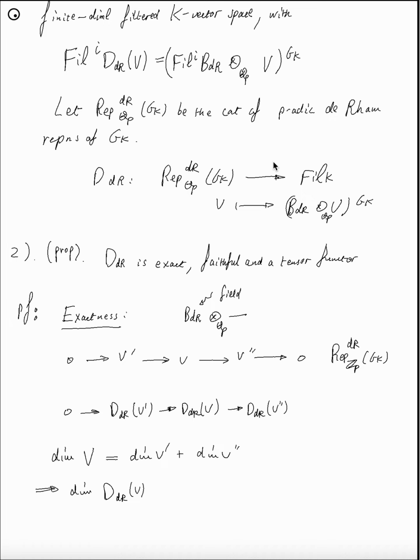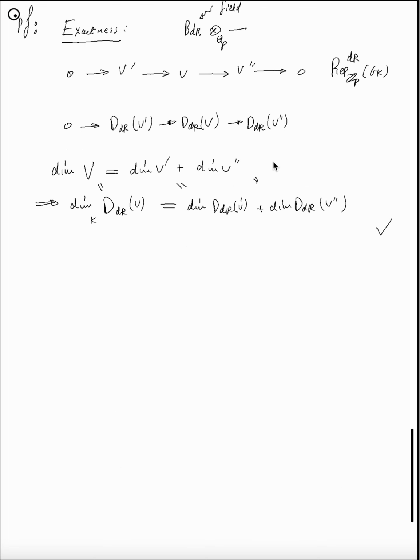By the admissibility, or by the definition of de Rham representation, this equals this and correspondingly, and this is enough to conclude that this is surjective. So the exactness is okay.